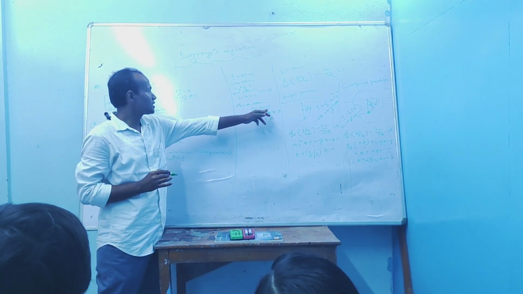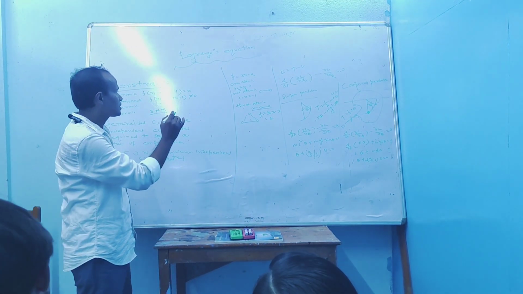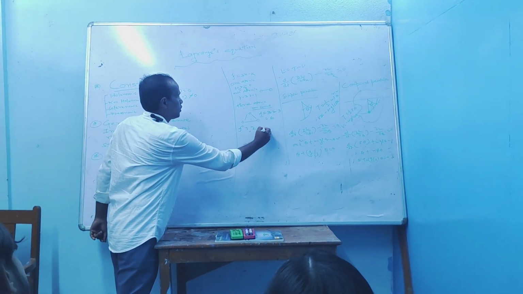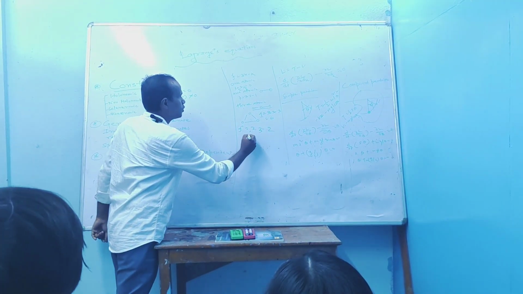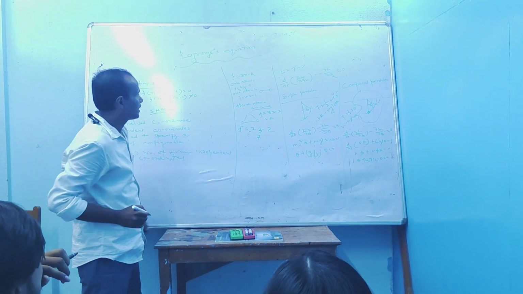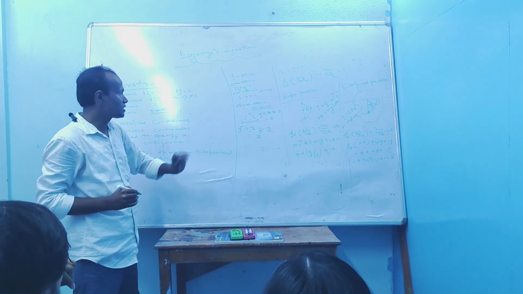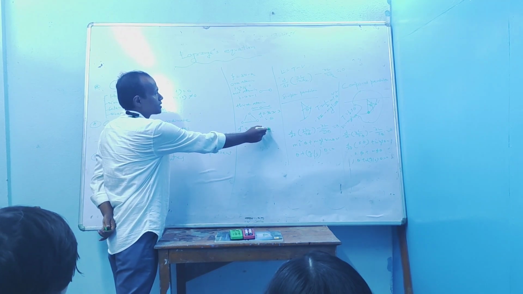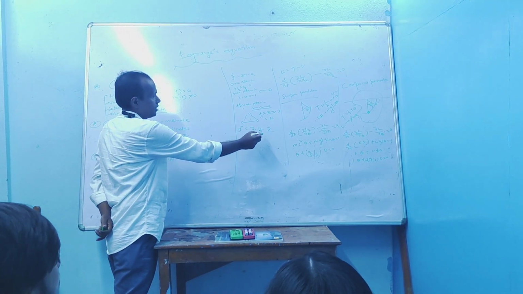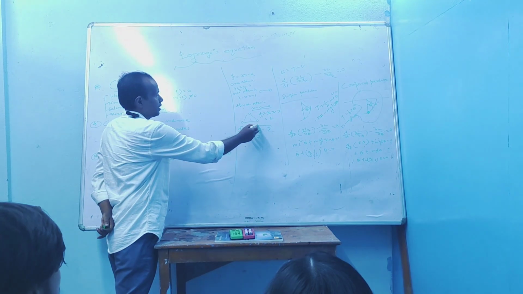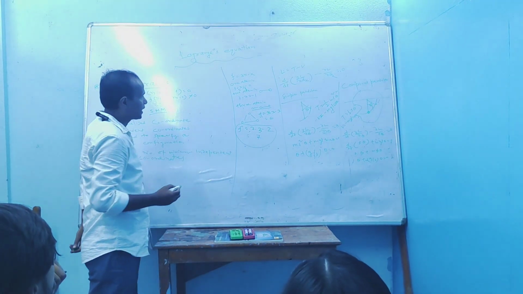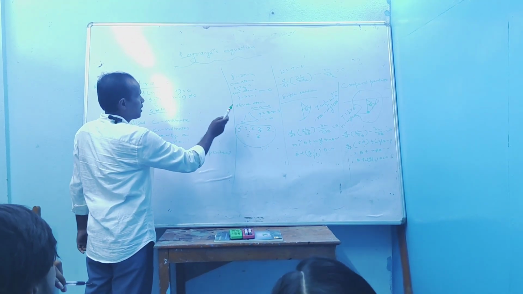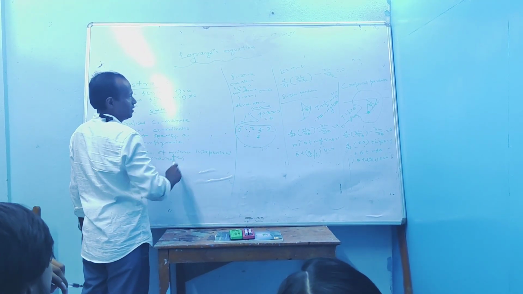That is, f equal to 3 into 3 minus 2, that is 7. That is the degrees of freedom of the three particle system, where 3 is the number of particles and 2 is the number of restrictions or conditions. That is, the system consisting of 3 particles arranged in this form has 7 degrees of freedom.